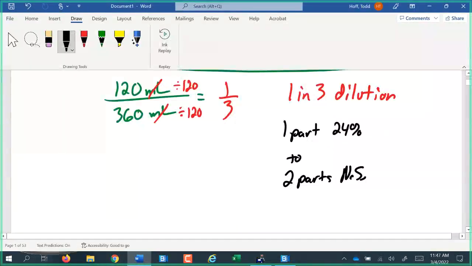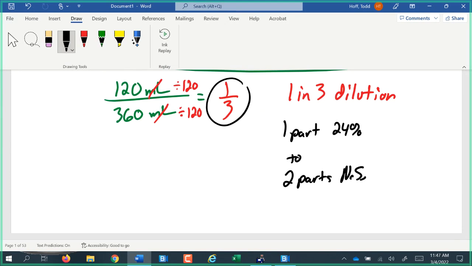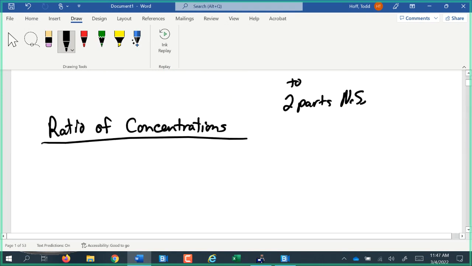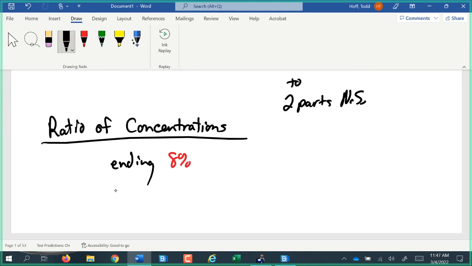Well, if we look at the example we did Wednesday and this example here, that dilution, 1:3 here, has a very special relationship with our concentrations. A ratio of concentrations here, we ended with 8%. We started with 24%.